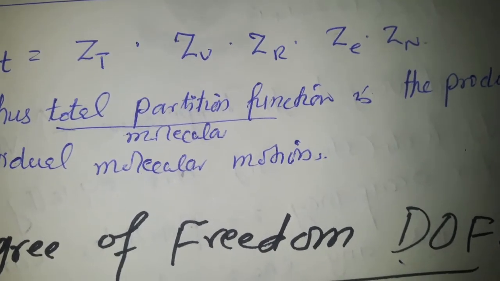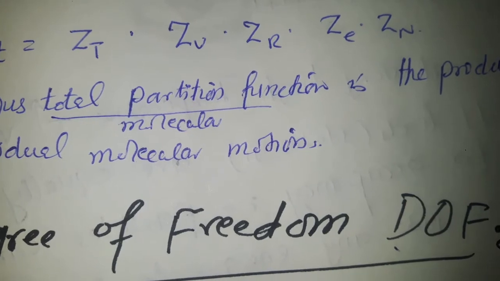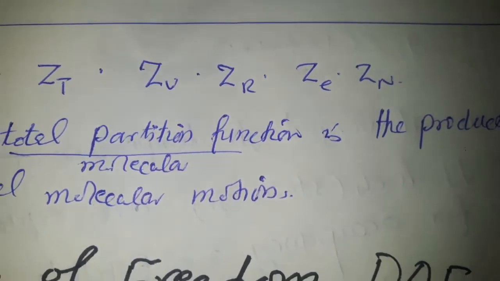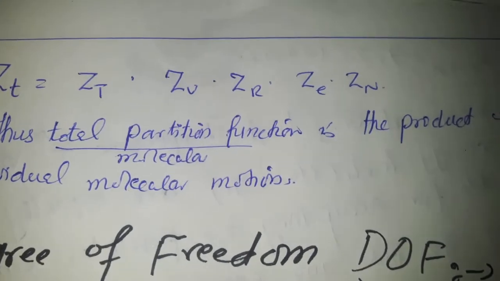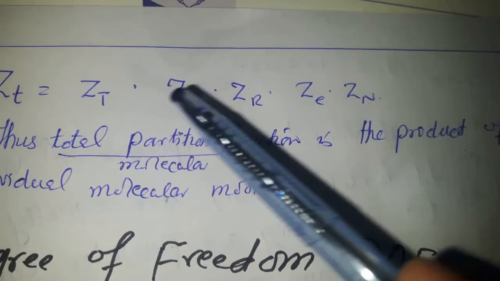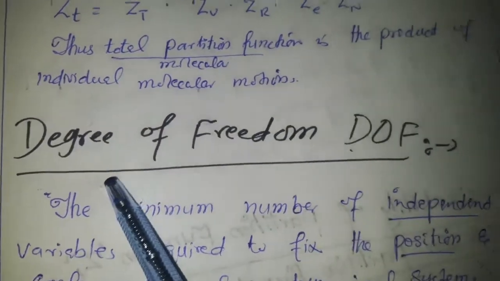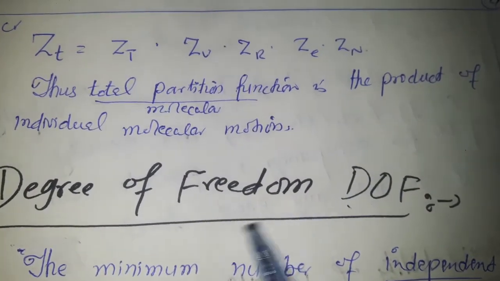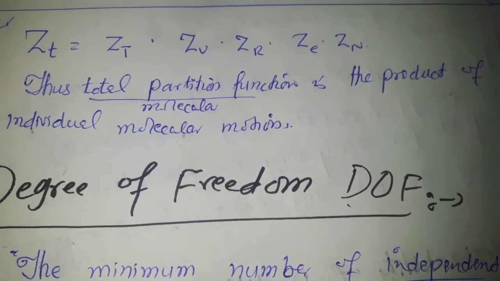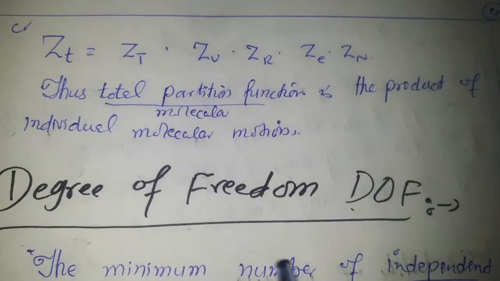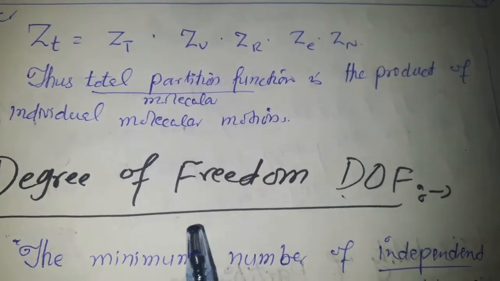Now we are going to another interesting topic that is very important before explaining the individual partition functions, which include translational, vibrational, and rotational, and for that we need to understand the degree of freedom. You have already studied degree of freedom in physics or physical chemistry.